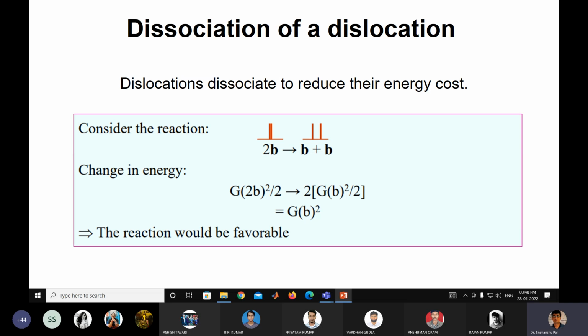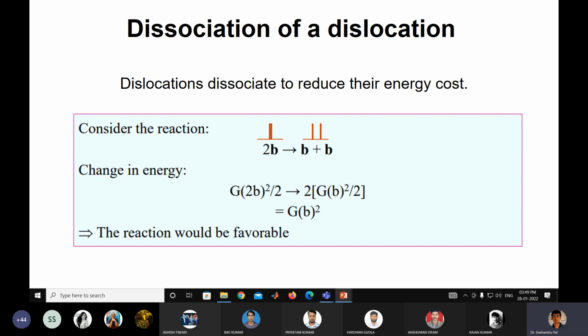So now it is clear to all of us that dislocations dissociate due to reduction of their energy cost. So now take a reaction. The Burgers vector 2b is divided into b and b, two dislocations. So again I am repeating, a dislocation having Burgers vector 2b is going to dissociate into two dislocations. One will have Burgers vector b, another will have the same Burgers vector b.